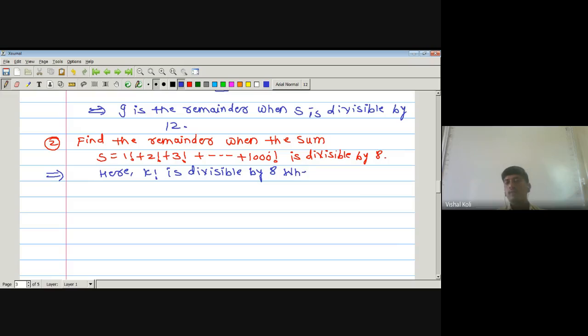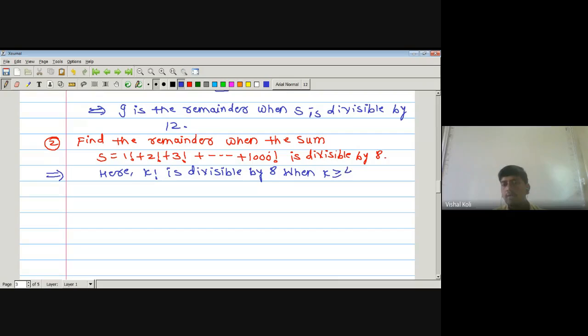It is true for k greater than or equal to 4, since if k is 1 then it is 1, which is not divisible by 8. Similarly 2 factorial is 2, which is not divisible by 8. 3 factorial is 6, which is again not divisible by 8. But 4 factorial is 24, and in that the term 2 into 4 is present, and 2 into 4 is 8, which is divisible by 8. This continues up to k equal to 1000.